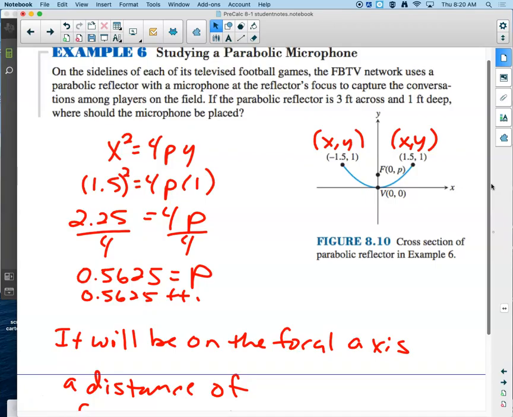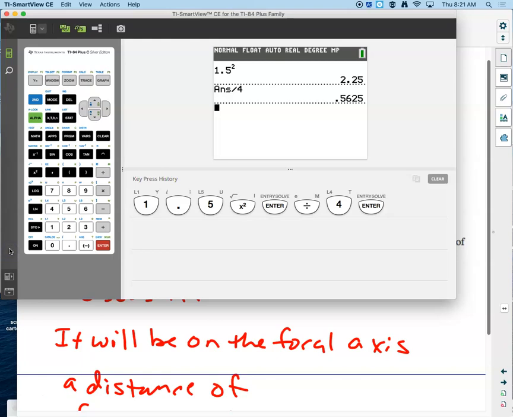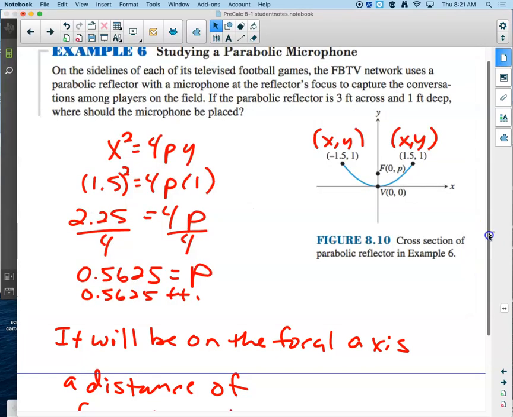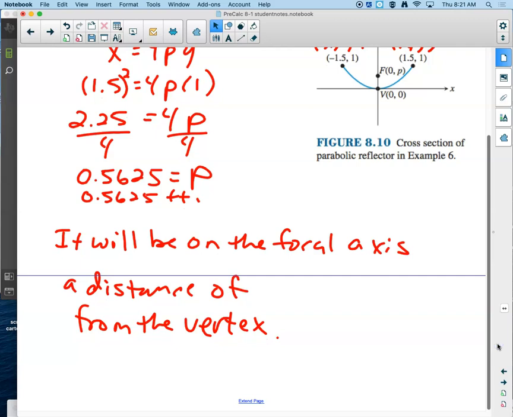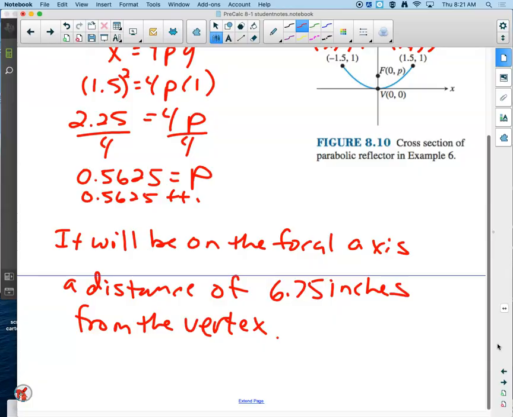Definitely something I'd want to see in inches. So I could take my .5625 times 12. That's better. 6.75 inches from the vertex. So giving them an exact idea of what's going to happen.